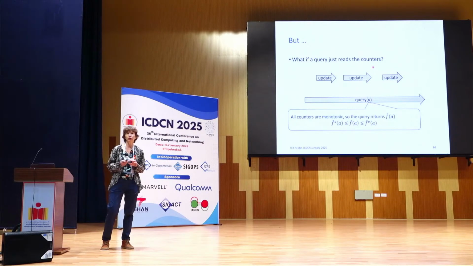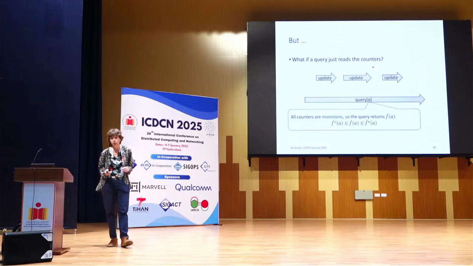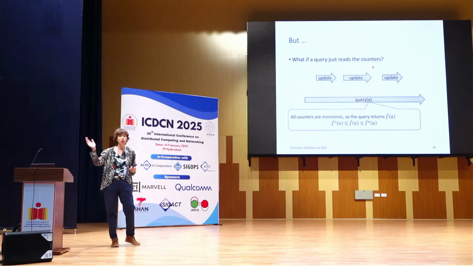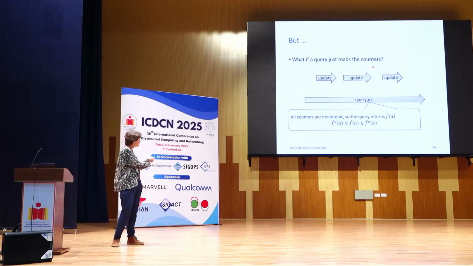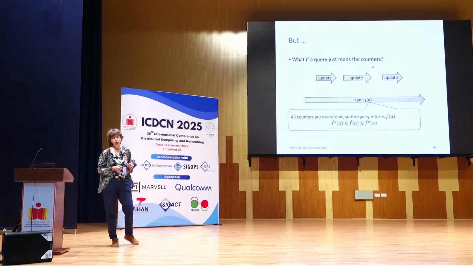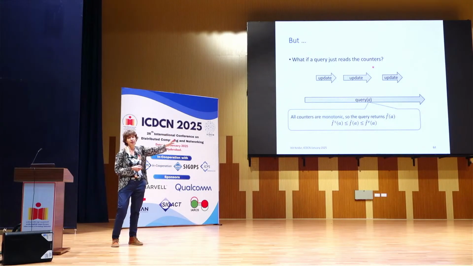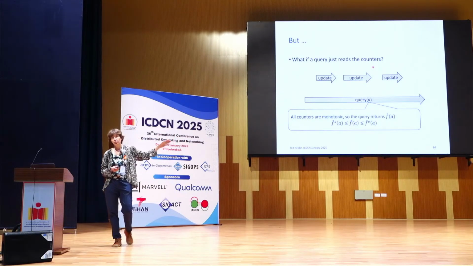But what we do know is that the counters are monotonically increasing. We're trying to get the minimum of a set of counters, which are all monotonically increasing. So whatever number we get, even though it never happened in any linearization, it's between F start and F end. It's a value that is at least as big as what we would have gotten had the query atomically happened at the beginning, and not bigger than what we would have gotten had it atomically happened at the end.